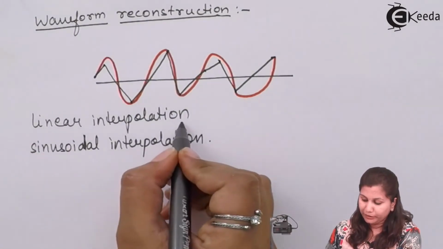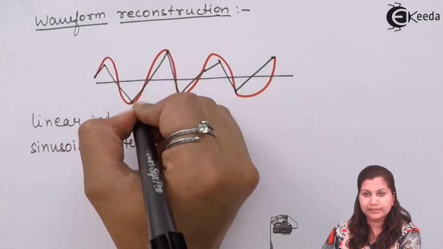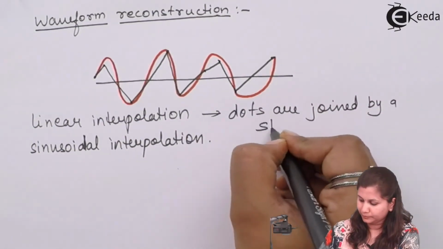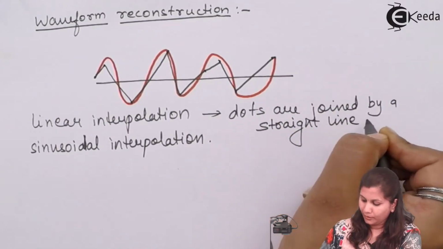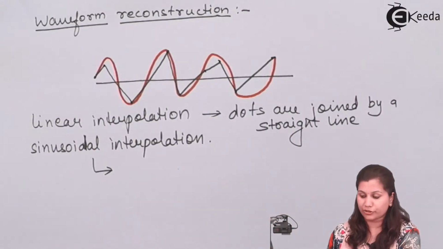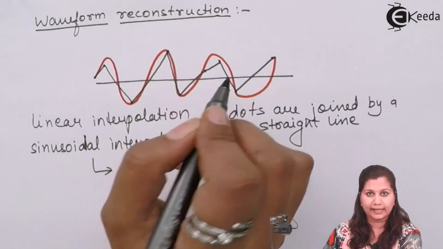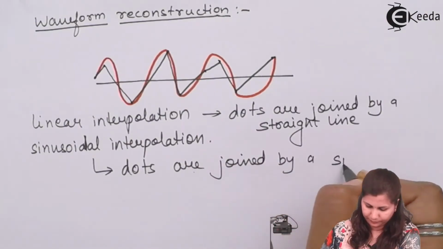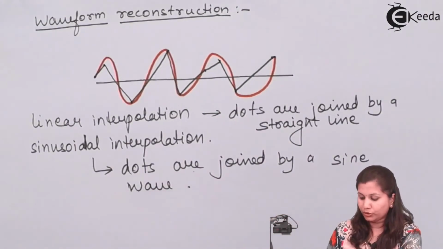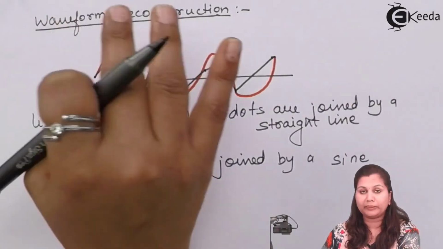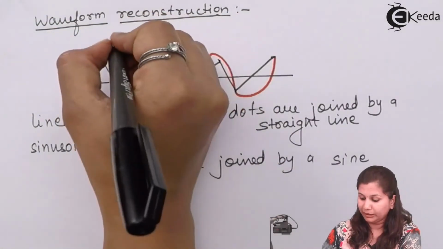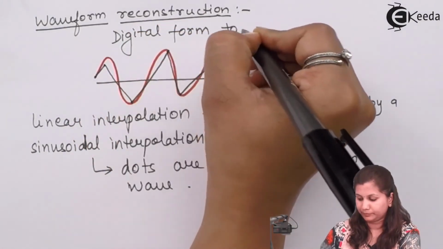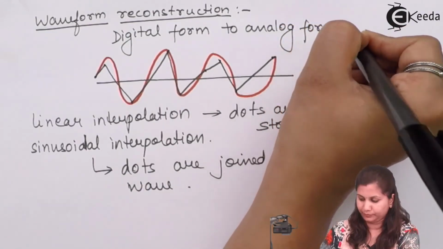In linear interpolation, the dots are joined by a straight line, whereas in sinusoidal interpolation, the dots are joined by a sine wave. So these are the two ways in which the waveform can be reconstructed, meaning it can be converted from the digital form to the analog form.